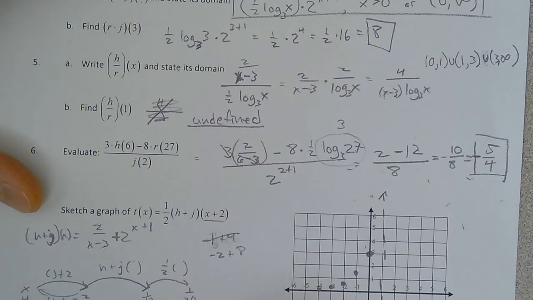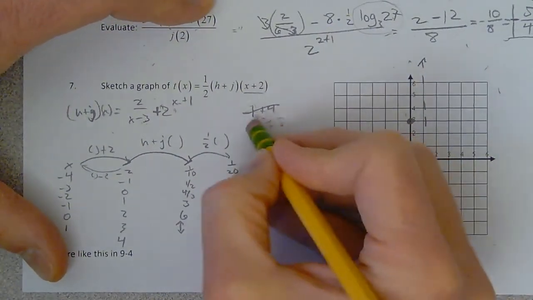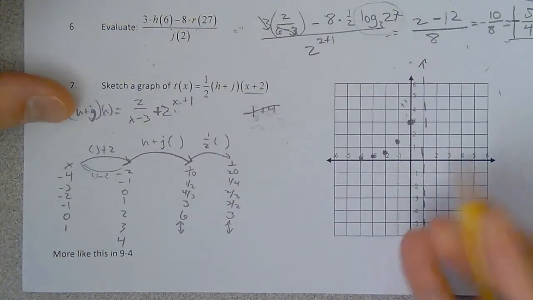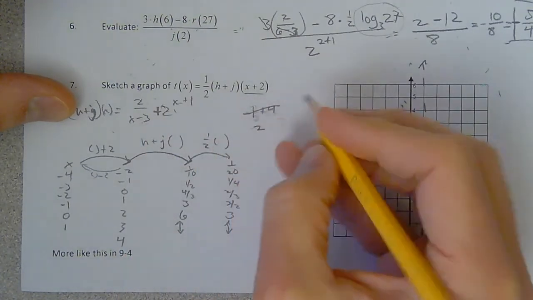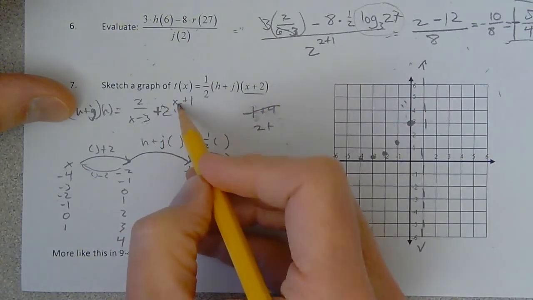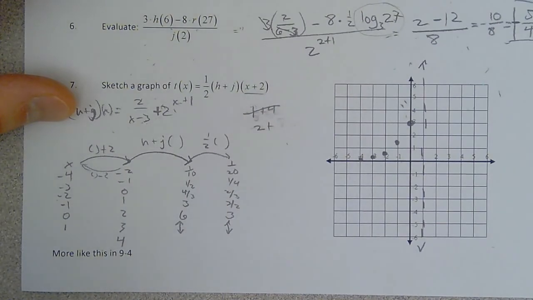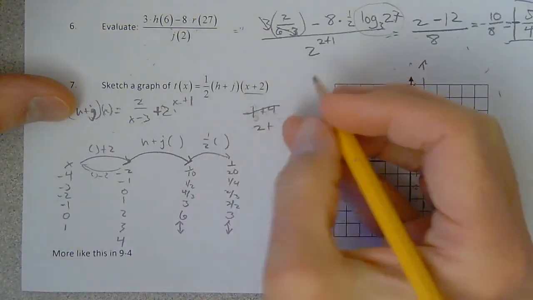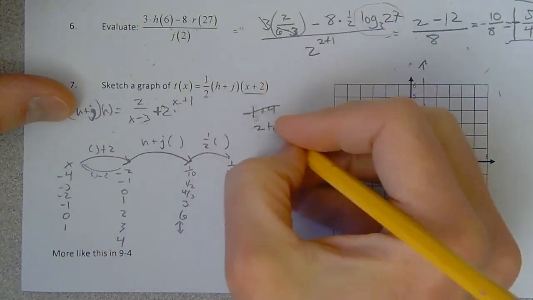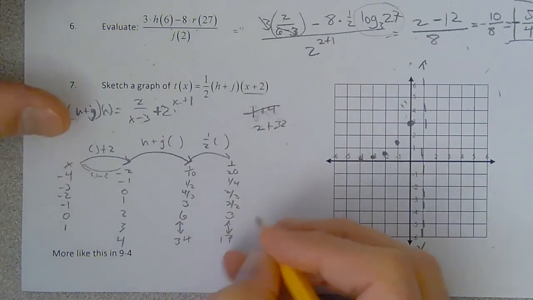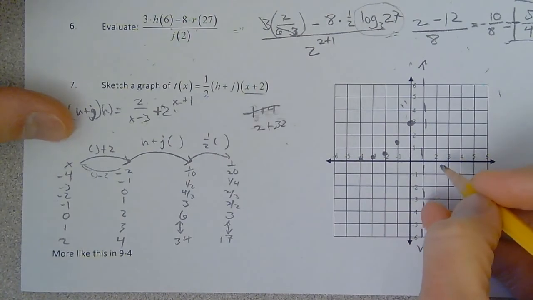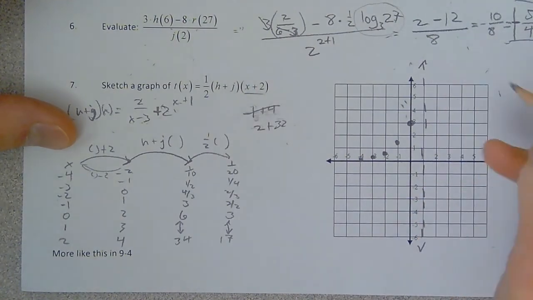If we put a 4 in, I'm sorry, I had that off the graph a little bit. So if I put a 4 in, I get 2 over 1, which is a 2, plus 2 to the 5th power, which is 32. So 4 gives me a 34 out of that as a 17, and so I'm at 2, 17's way up there somewhere.